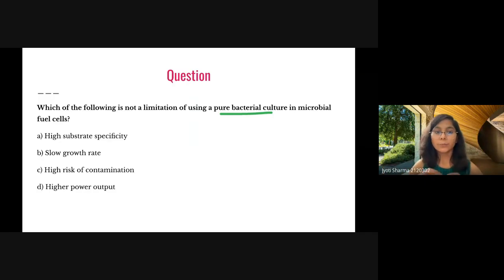So the question is, which of the following is not a limitation of using a pure bacterial culture in a microbial fuel cell? And we have four options here: high substrate specificity, slow growth rate, high risk of contamination, higher power output. And the question is not a limitation, right?